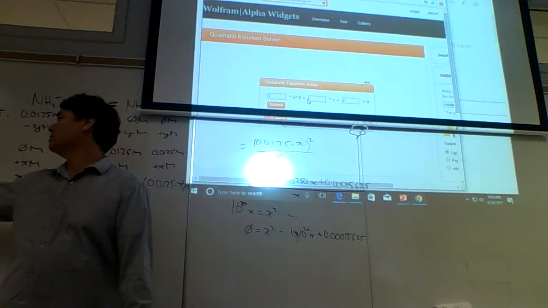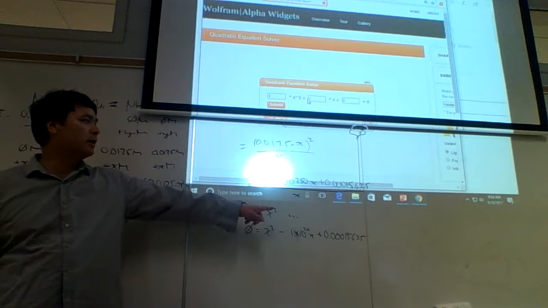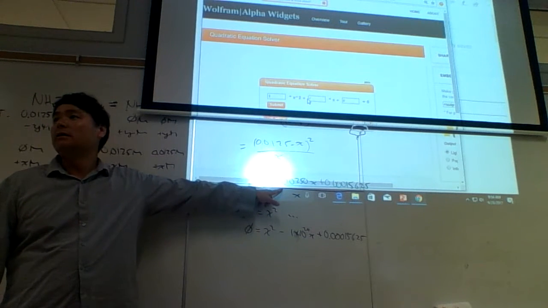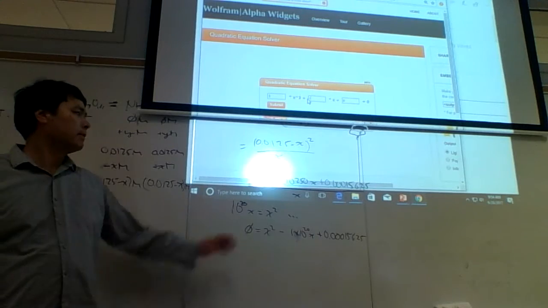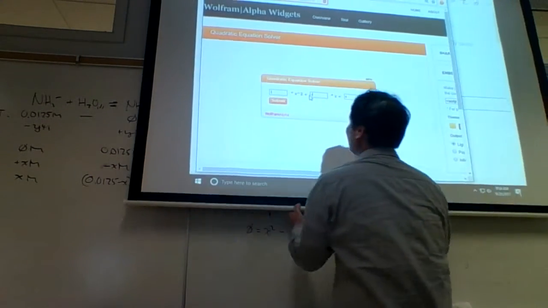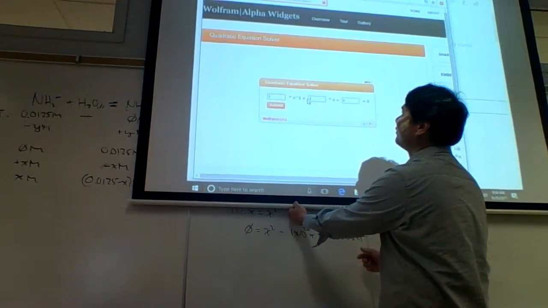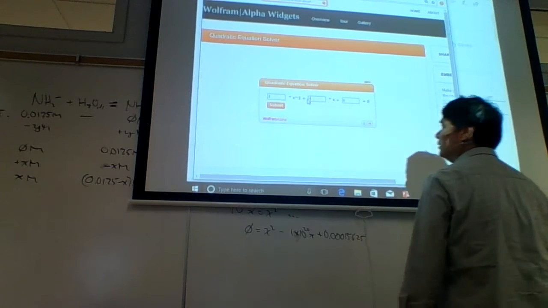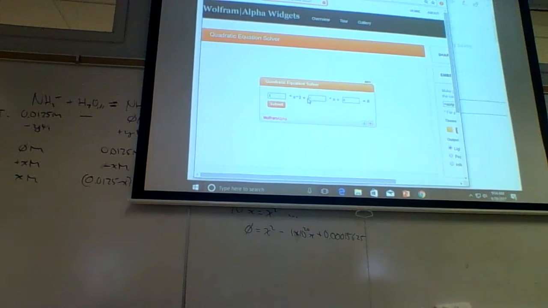I just wanted to double check that I didn't screw up multiplying out the binomial, and I didn't. It's correct. And so now I have it in quadratic form. I'm just going to use the Wolfram Alpha quadratic equation solver to do it for me, and then submit it.